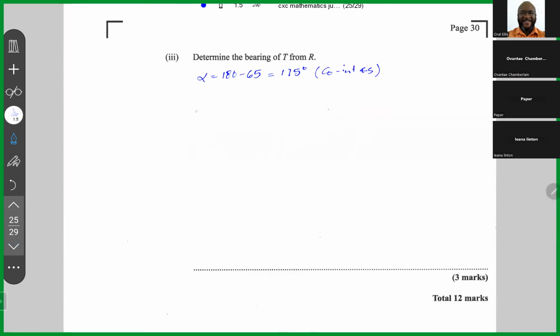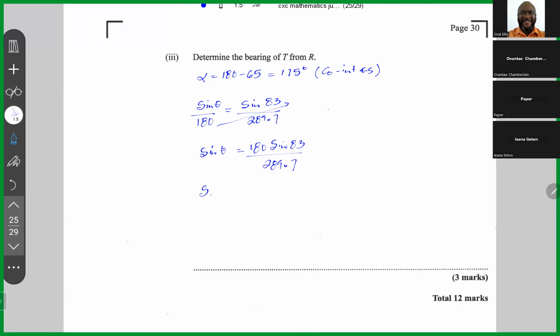So we're going to have the sine of theta over the side opposite from theta, which is 180, is equal to the sine of 83 over the side opposite to the 83, which is 289.7. Cross multiplying, I get sine theta is equal to 180 sine 83 over 289.7.